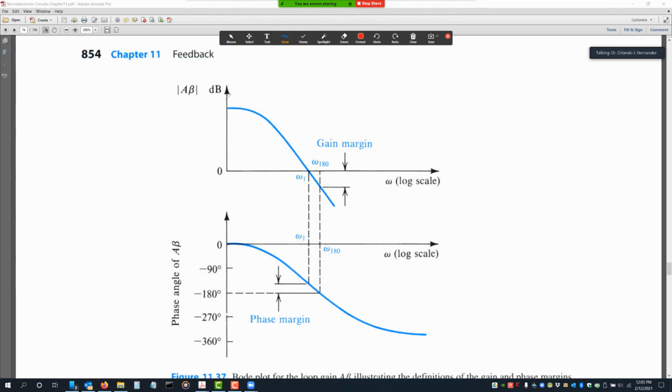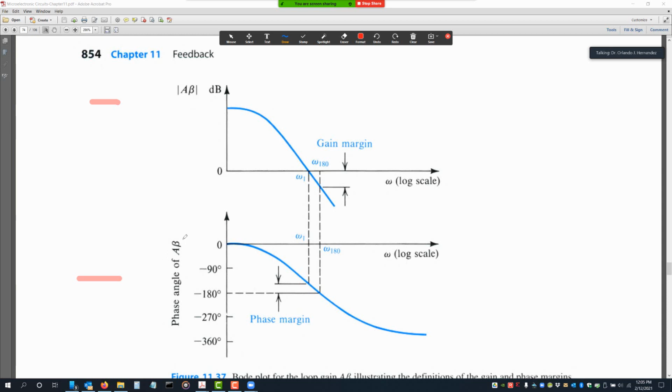If you graph the gain and the phase of the open loop system, okay, I'm sorry, not the open loop gain, but the loop gain, which is A times beta.